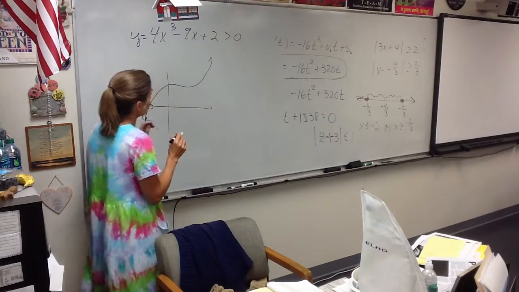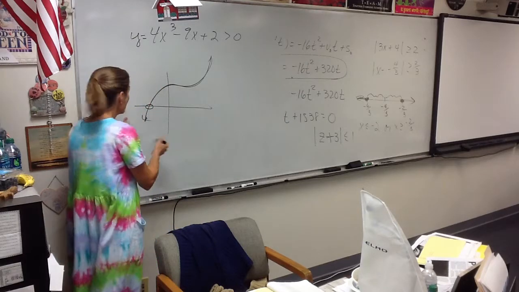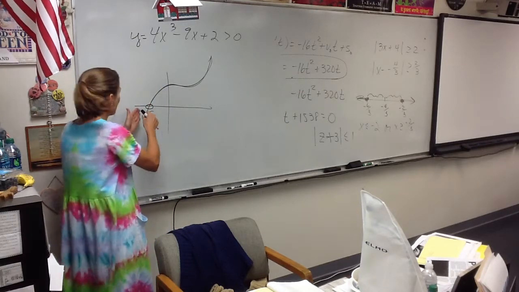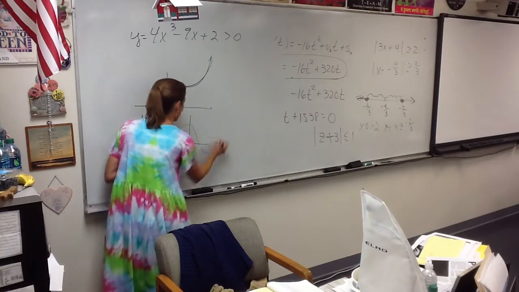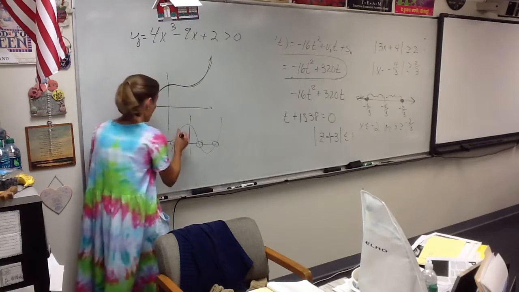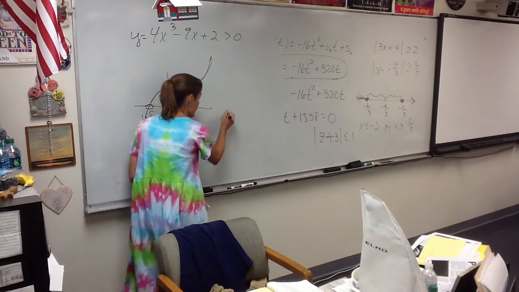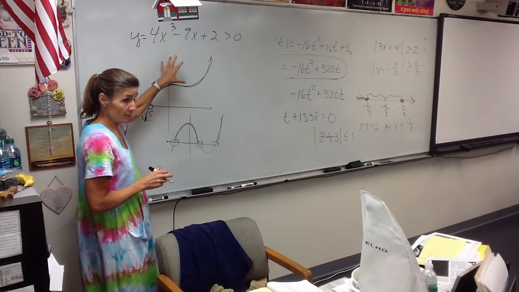So then you would say, okay, it's above 0 in all this part. So if this answer was 5, it would be all the x's bigger than 5. If the picture looked like this, then you'd have 3 answers to find, and it would be this part and this part, right?